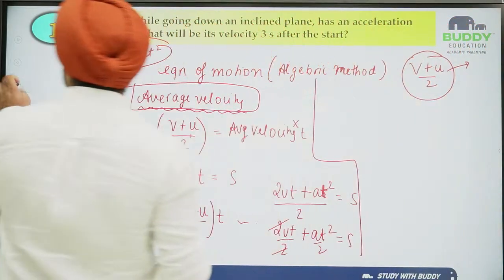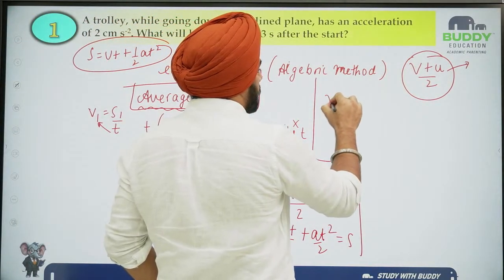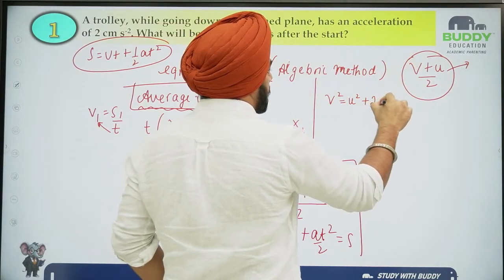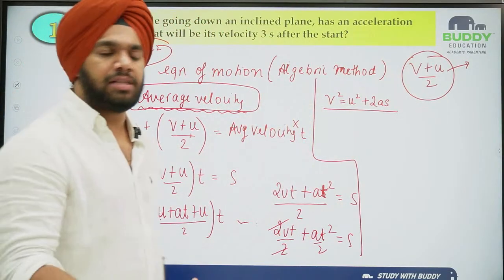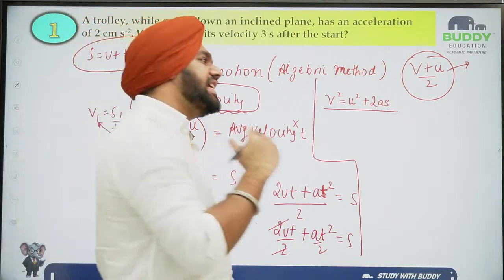Now for the third equation of motion we don't need time. So the third equation of motion is v square is equal to u square plus 2as, right? Anyways the method will be the same. The only difference in the third equation of motion will be that it won't have any time.